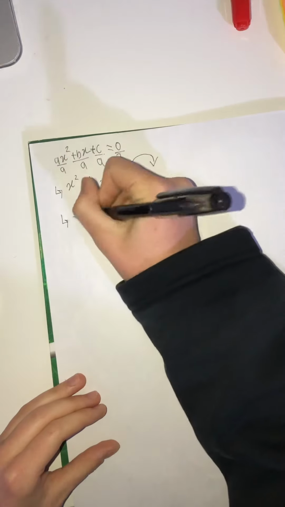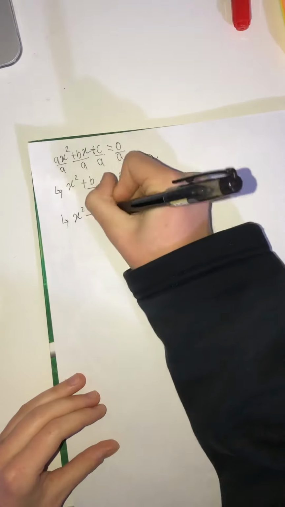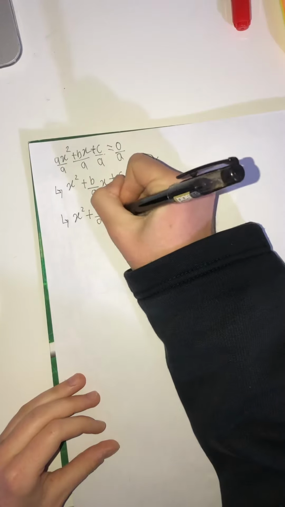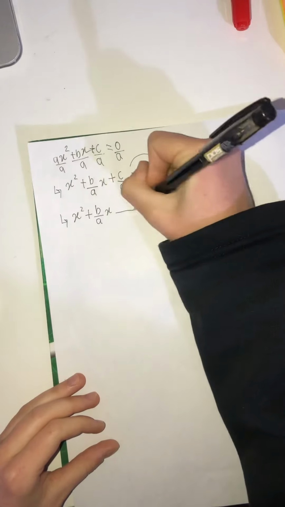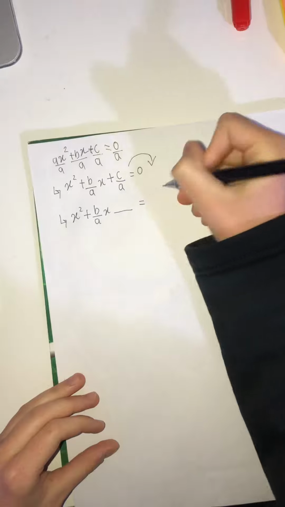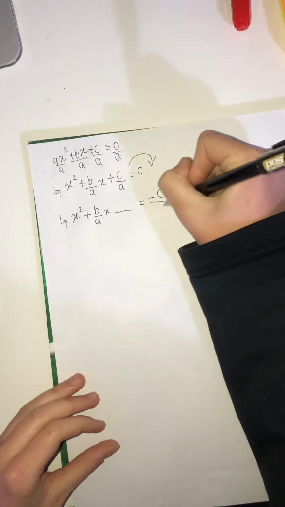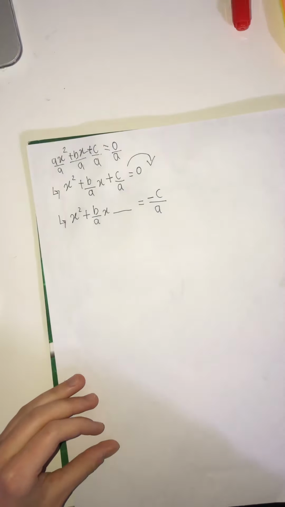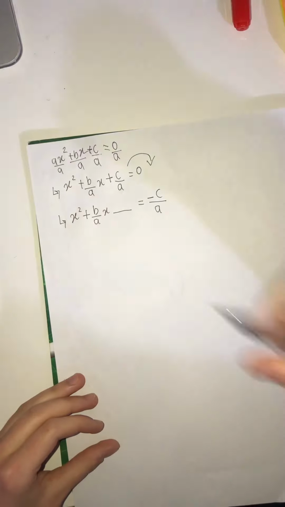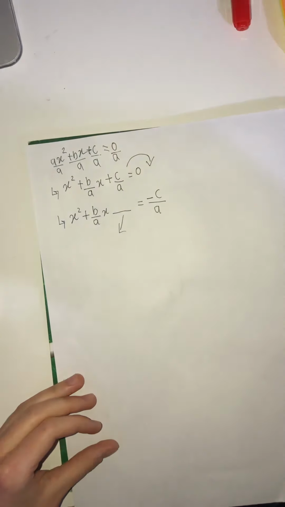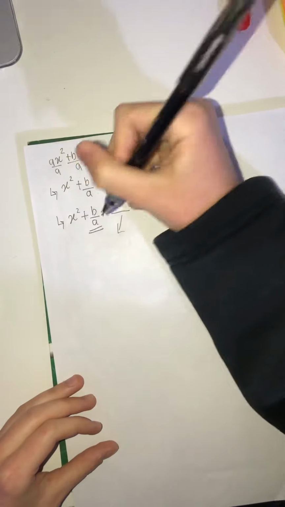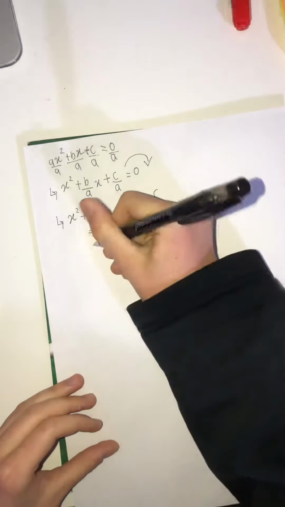So we have x² plus b over a x, and I want to keep a place for something, equals negative c over a. And what is this place? Well, it's for the middle coefficient, which is b over a.